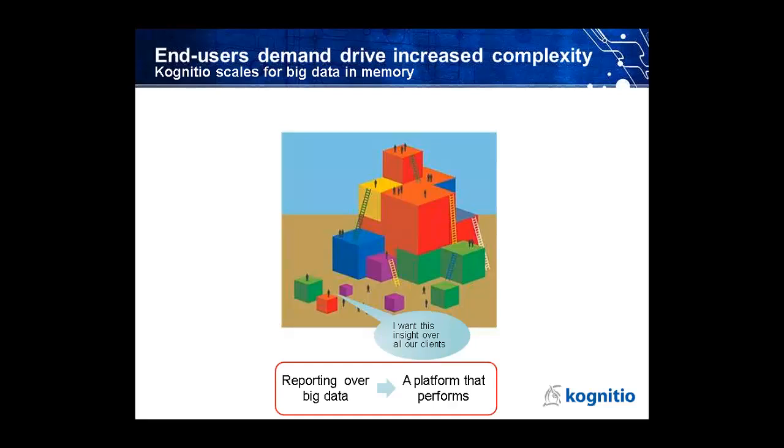In that case, that means we're rolling it out over all of the data or large subsets of it. So what you need to remember here is that Kognitio runs analytics over big data, as we've demonstrated, and because that's in memory, that gives you the flexibility to be able to furnish these demands.